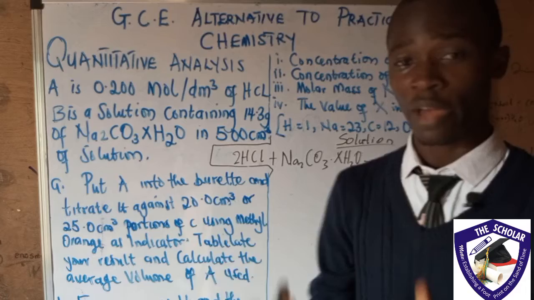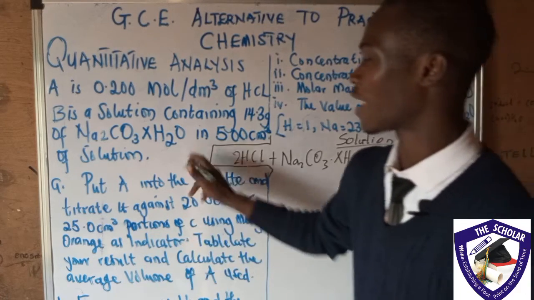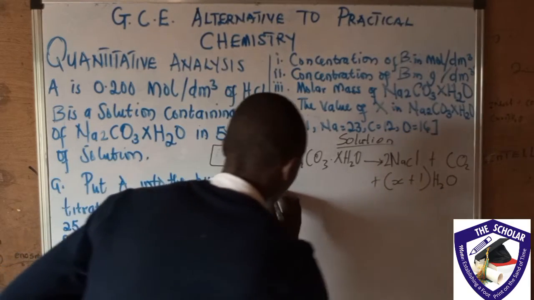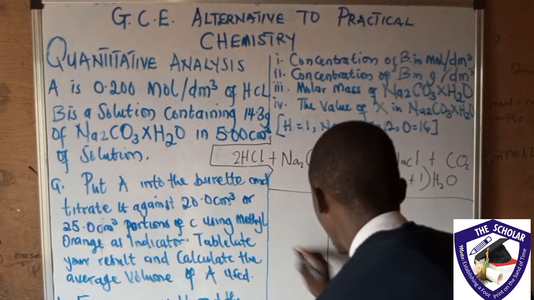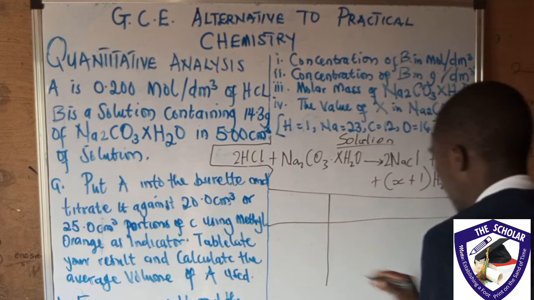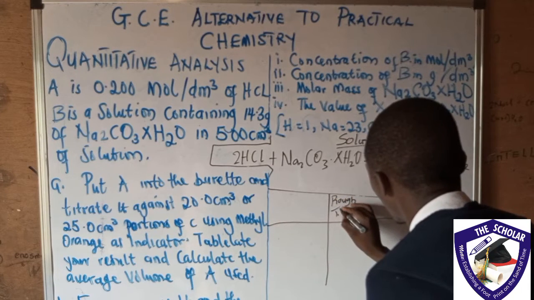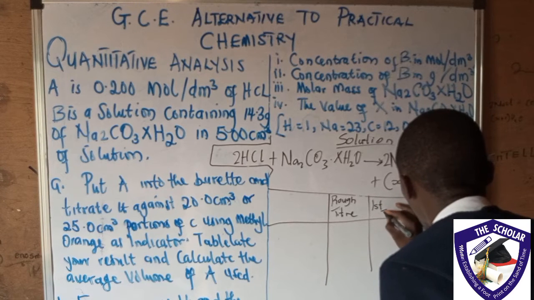I said I'm going to prepare a table and I'm going to input the value I got after carrying out this titration. Now, we have our table. Right here, I have my rough titer. And I have my first titer here.